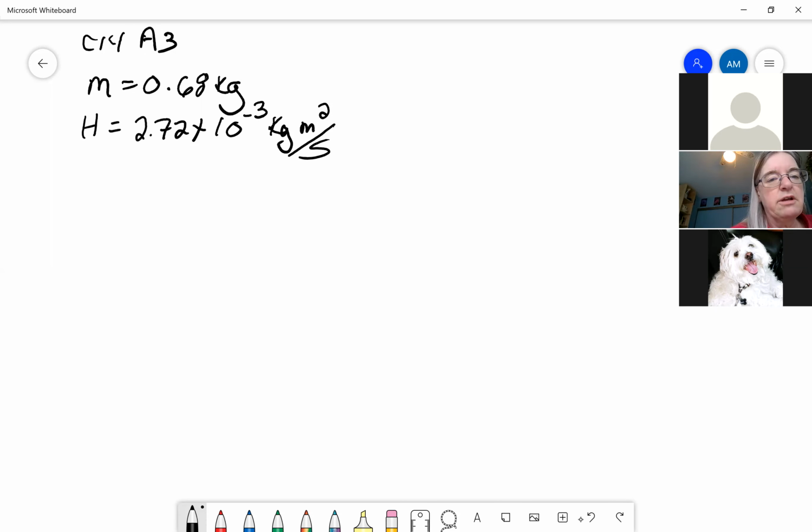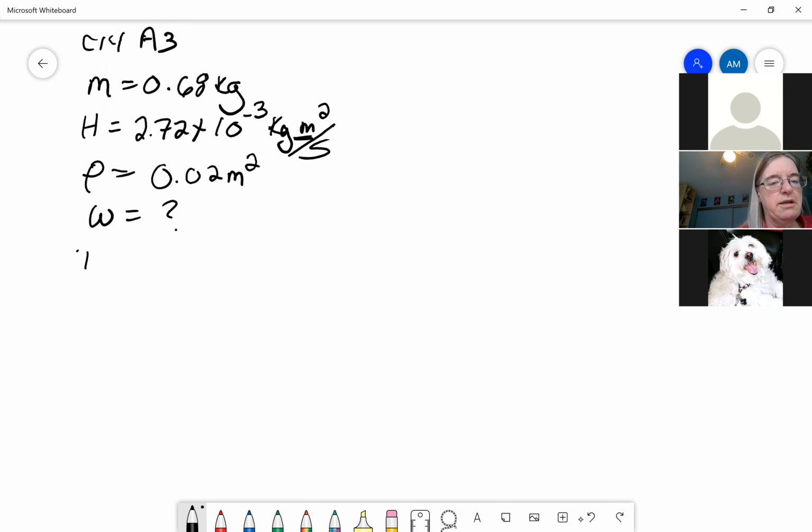The radius of gyration equals 0.02 meters. This is meters squared in here, so you have to have meters here. You can't have left it as centimeters. And what they want to know is angular velocity.